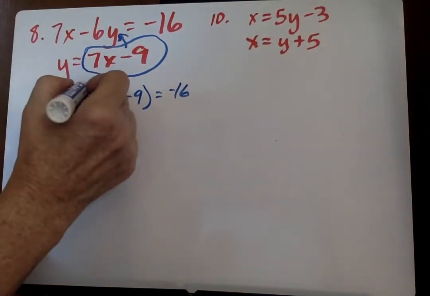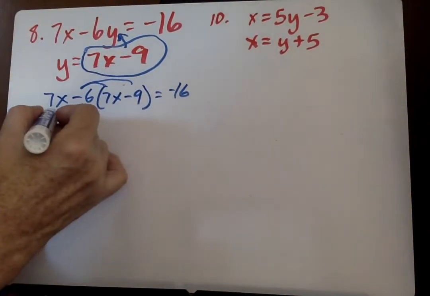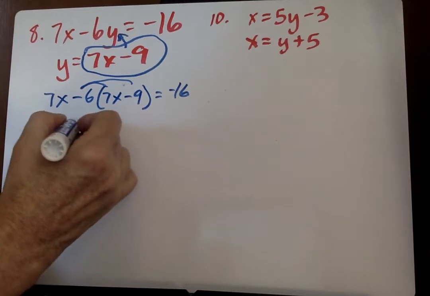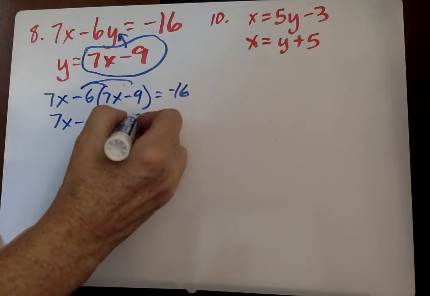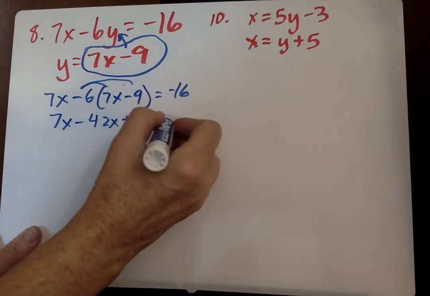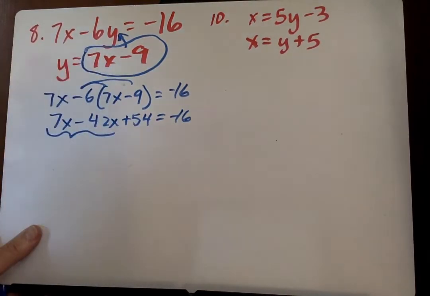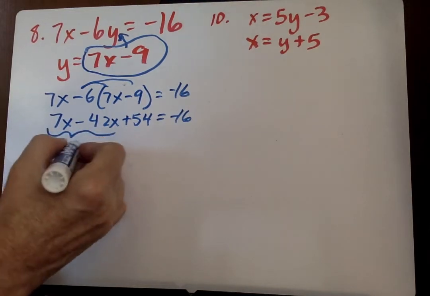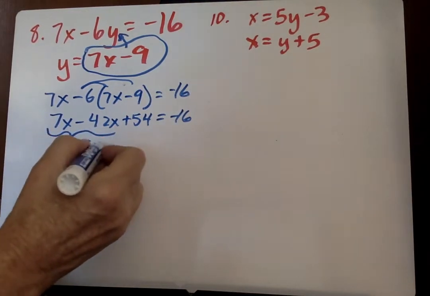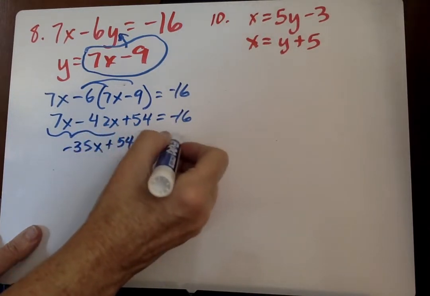Okay. Then we're going to use our distributive property, and there are yellow steps on your desk that go through how to solve for the variable. So 7x minus 42x plus 54 equals negative 16. Then we combine 7x and negative 42x, and you get negative 35x plus 54 equals negative 16.